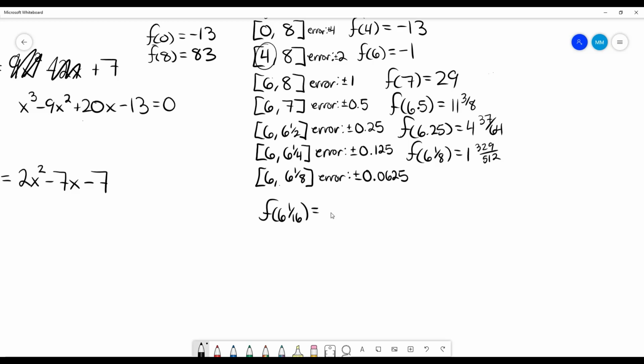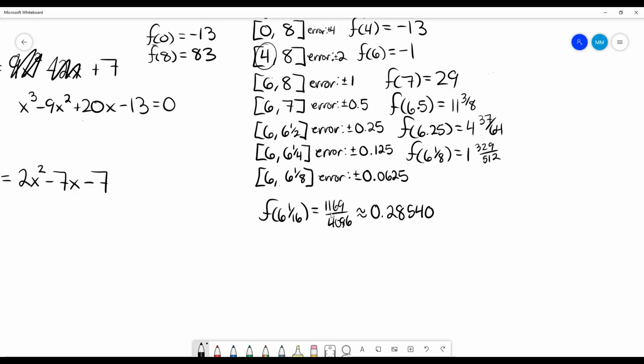And again, I'm just going to plug that into a calculator. And that gets us about, well, I could use the fractions to be exact, and that's going to be about this.